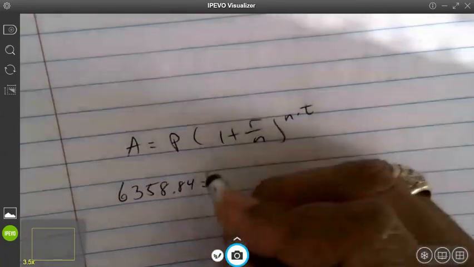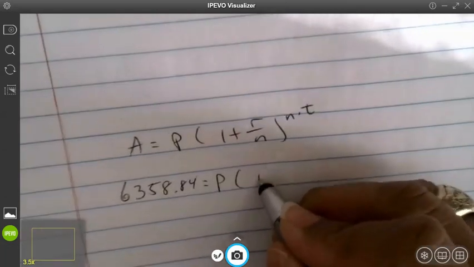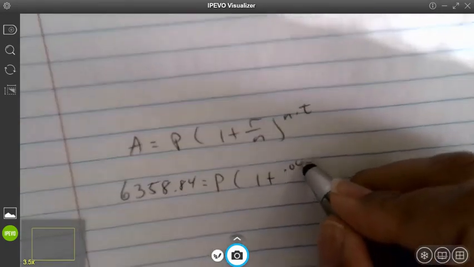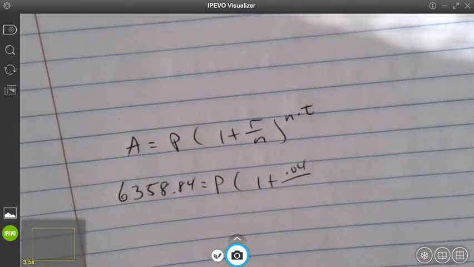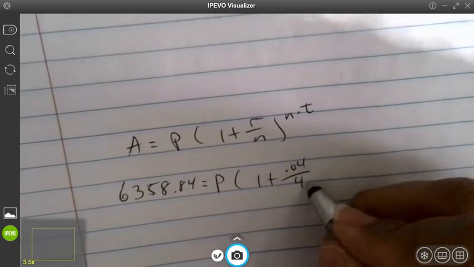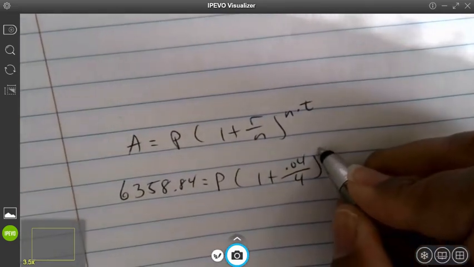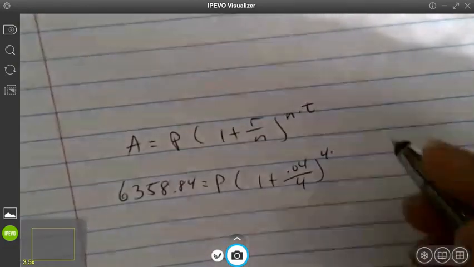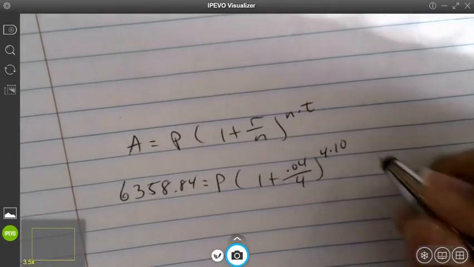We don't know the P, so leave that as the variable. Your percent is 4%, so as a decimal that's 0.04. Compounded quarterly, so N is 4. Remember, N is also up here in the exponent, times T. Ten years is the time.